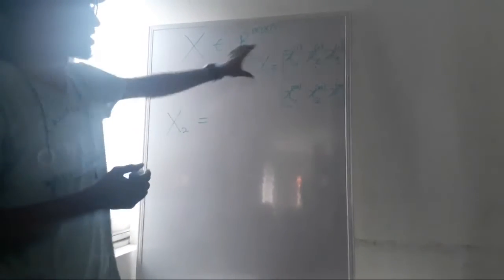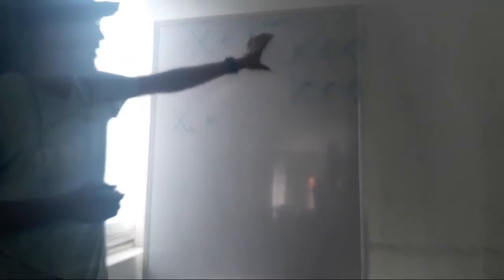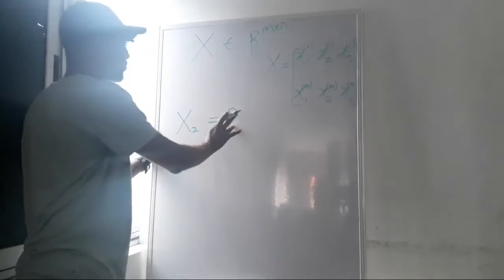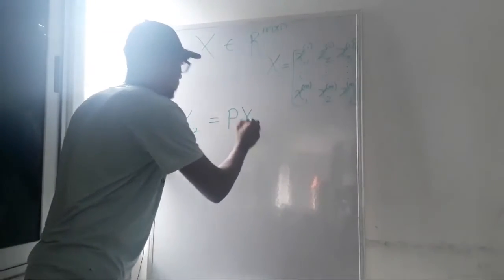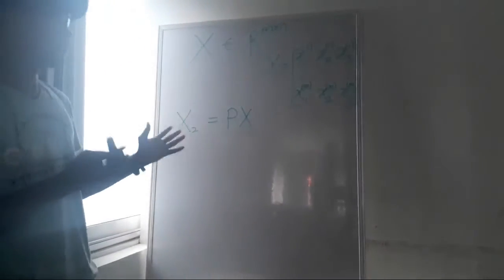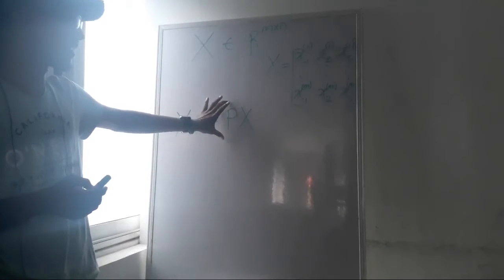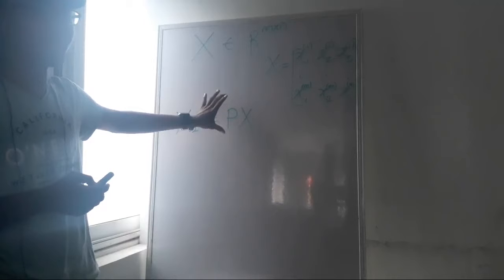So you are meant to transform this matrix into this one. You just apply this transformation, probably P, then x. So this is what you do in PCA. You have your principal component, which is represented by the matrix like this.